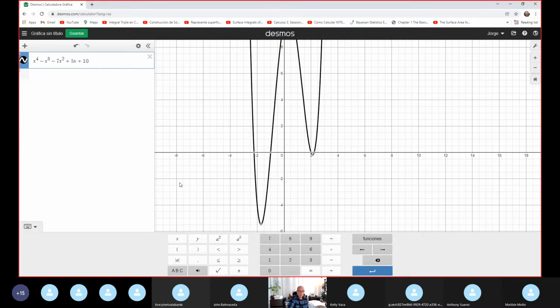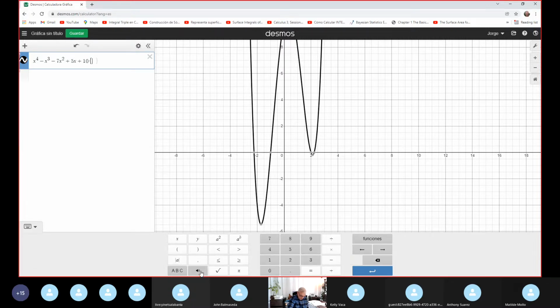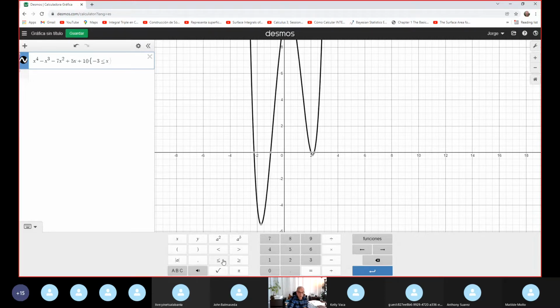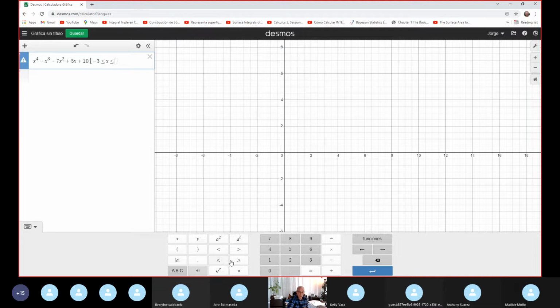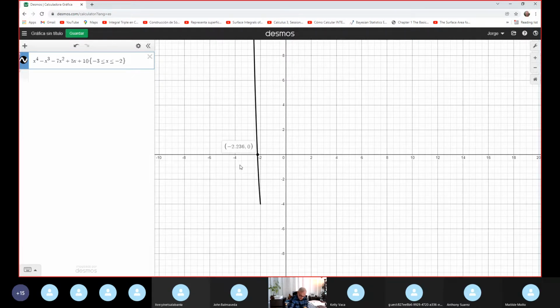Something like that. However, I want the specific interval. Look, you click here in ABC, and this bracket is the bracket we need. So the interval is negative 3 less than or equal to x, less than or equal to negative 2. Wow, this specific piece, and the zero is negative 2.236, which is option C, negative 2.24.